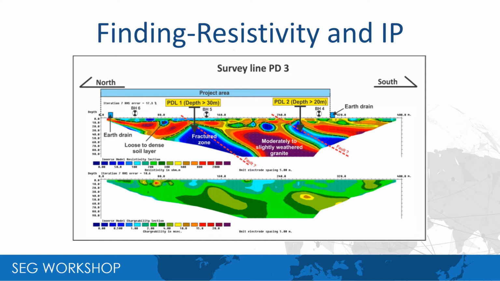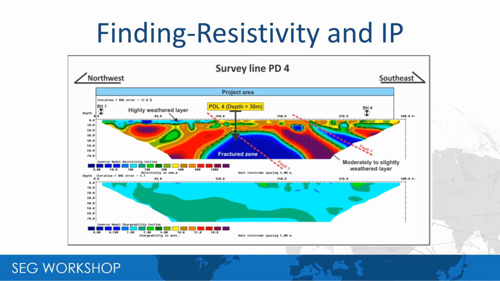So here we put another two proposed drilling locations, PDL number 1 and PDL number 2, to verify this interpretation. And if we observe the chargeability value here, it is quite high compared to others, so low resistivity and high chargeability for these two zones could be something interesting to verify.